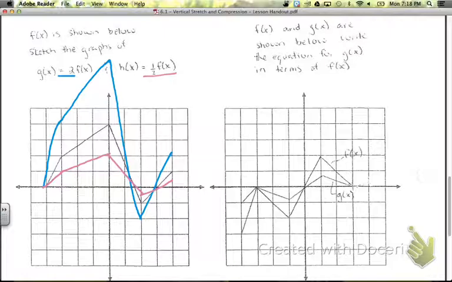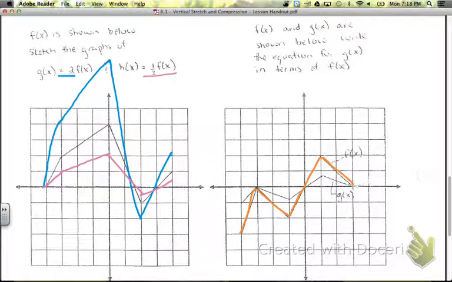Now we're looking at two different functions, f(x) and g(x), which are shown below, and we want to write an equation for our g(x) in terms of f(x). Just so we can visually see this a little bit better, I'm going to trace our f(x) here. Alright, so that is our f(x).